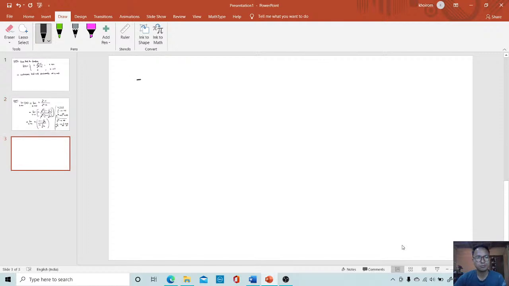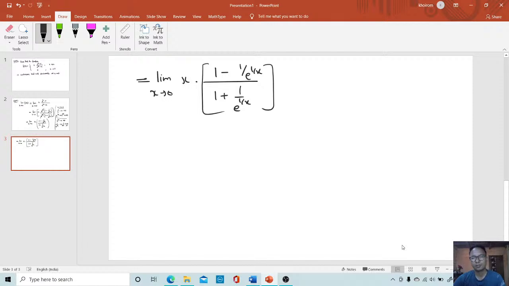So this is now becoming limit x tends to 0, x times 1 plus 1 by e to the power 1 by x. As x tends to 0, e to the power 1 by x tends to infinity.